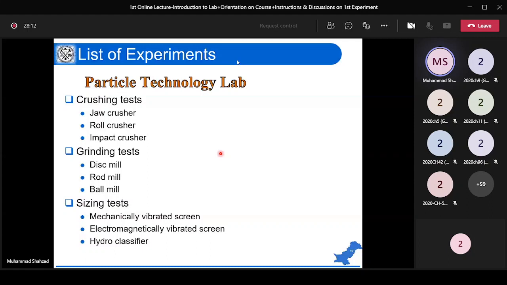So here, what we are going to do is study how their design and operating parameters affect their performance and how we can change some parameters. We're going to study all these things, right?